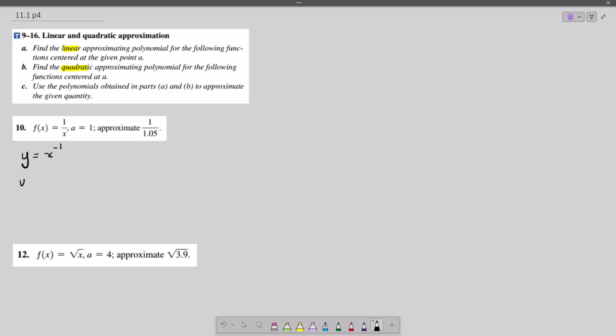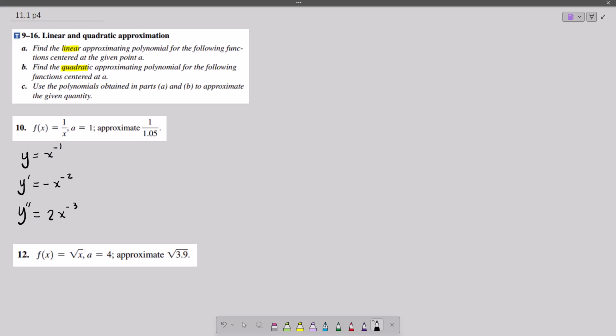Now the derivative of the function. Now the second derivative of the function. Okay, so take the function. To create the second order approximation, we need the second derivative. To create the first order approximation, aka the tangent line, we need the first derivative.